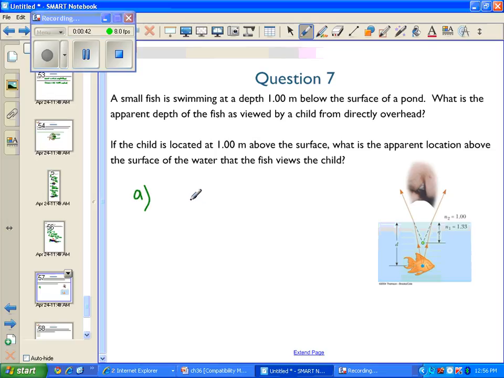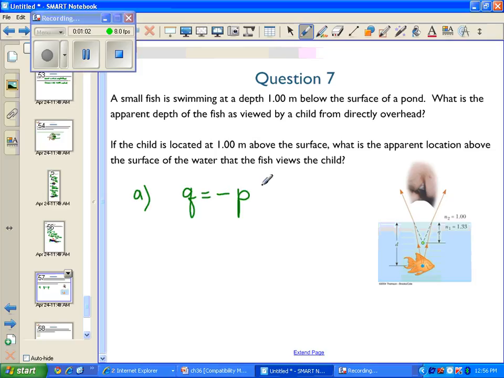Well, our expression for determining the apparent depth is q, the location of the image, equals minus p, the actual location of the object, divided by n2, where the light is going to, divided by n1, where it's coming from. The minus is because the image is going to be on the same side as the object, so in some sense it's like a virtual image.